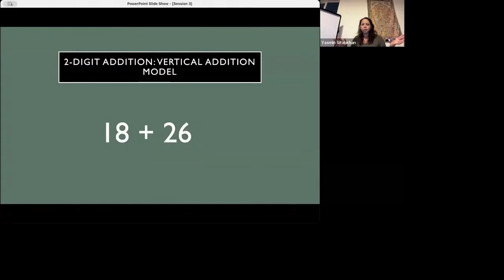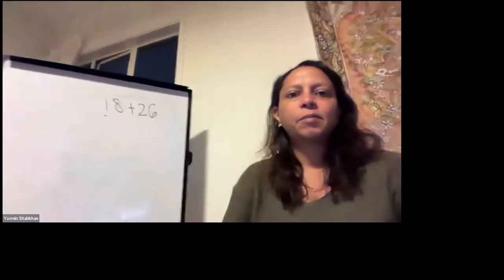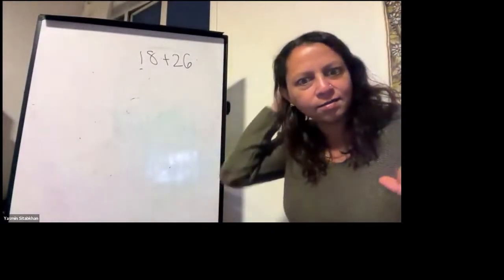So I'm going to show you 18 plus 26 in two different ways. And I'm going to ask you, what was the difference between these two ways? So I'm going to stop sharing my screen so you all can see me. Can everyone kind of see this mostly? For the most part, yes? Good. Great. Thank you.